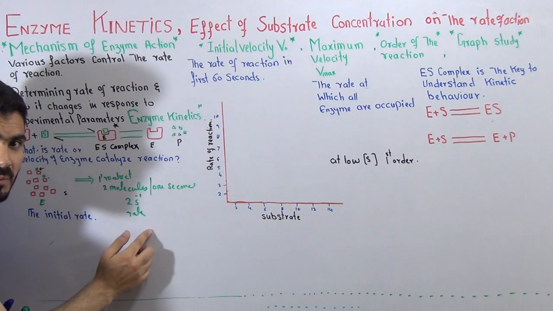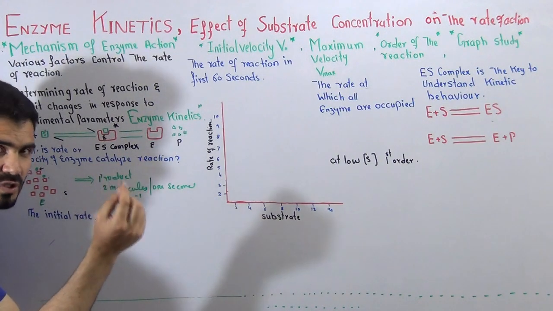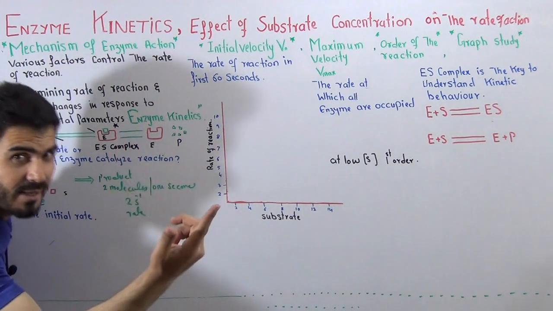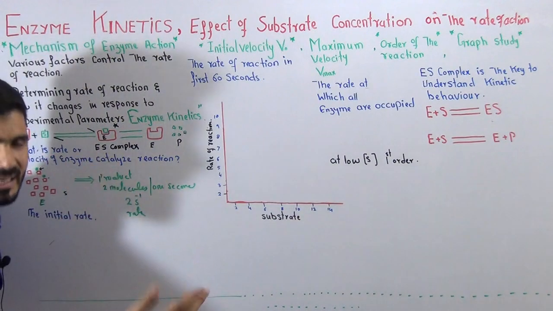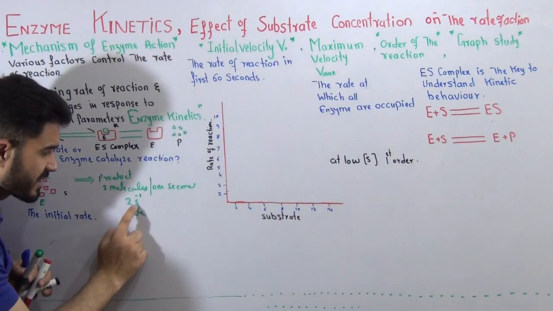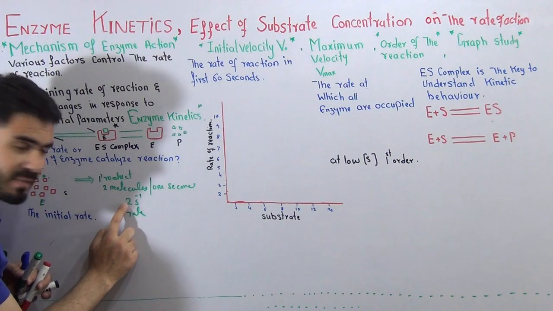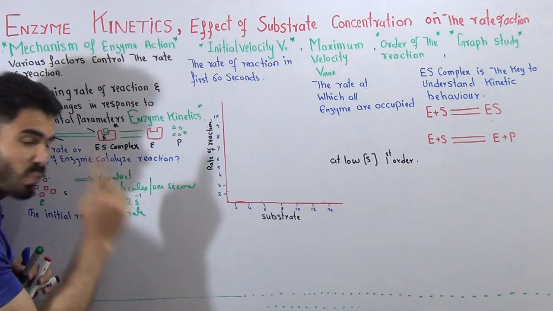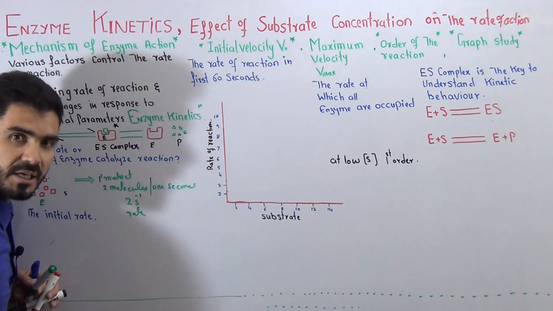Rate of enzyme reaction means how many substrate molecules are converting into product in a unit time: 1 second, 10 seconds, or 1 minute. This is the time, and these are the number of substrate molecules. So 2 substrate molecules converting into product in 1 second is called the rate of enzyme.